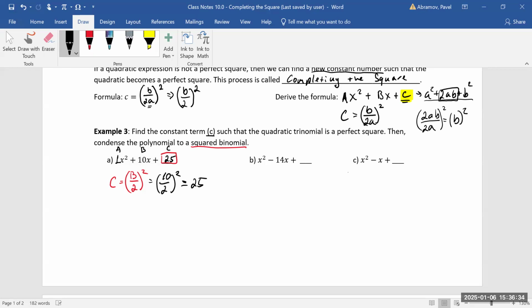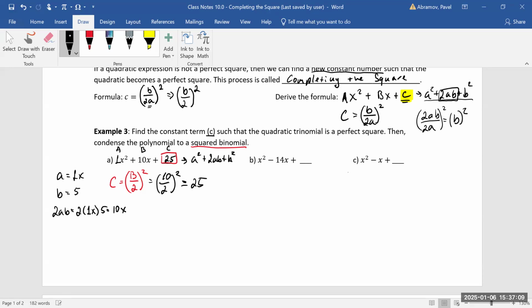So now this is a perfect square, and I can show you really quick. You normally don't need to show this, but the perfect square, remember, should be in the form a squared plus 2ab plus b squared. So in our case, our a is 1x, our b, we just found this, is 5, and then 2ab would be 2 times 1x times 5, which is 10x.